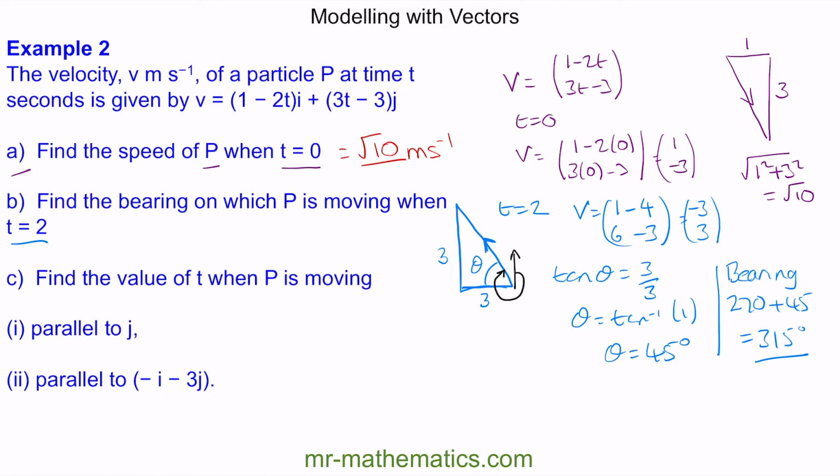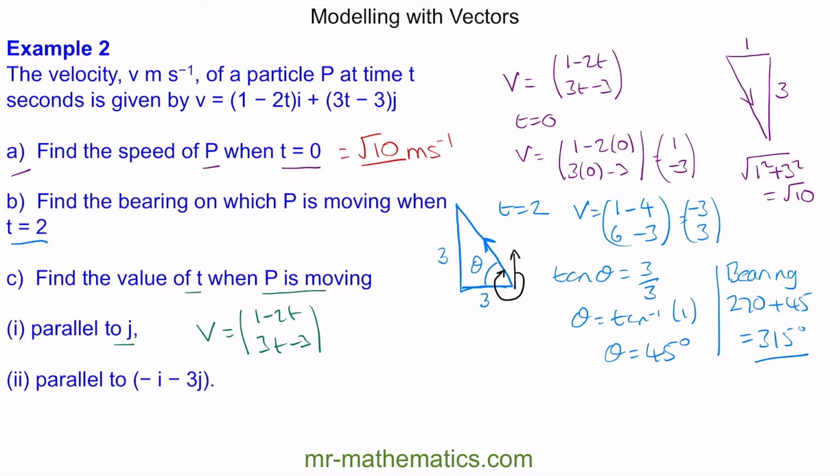Okay, so for part C, find the value of t when p is moving parallel to j. If it's moving parallel to j, then we know it is moving either up or down, but it is not moving across. So if we look back at this vector, we have 1 minus 2t, and then 3t minus 3. This is our velocity vector.